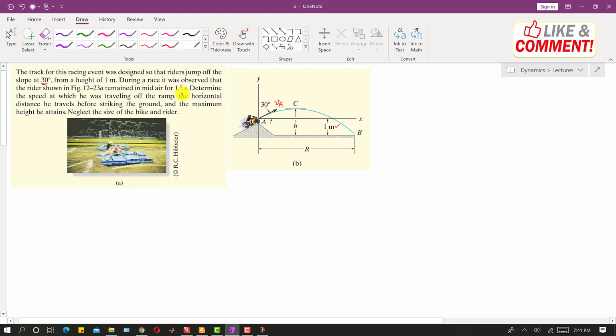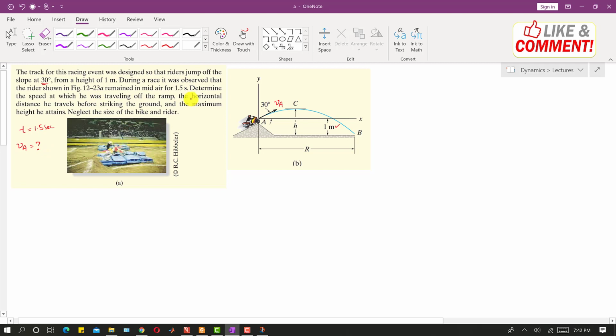So the rider remained in mid-air for 1.5 seconds, so we are given the time. Time is 1.5 seconds. It is said to determine the speed at which he was traveling up the ramp, so we have to find this velocity v_A, which is not known.